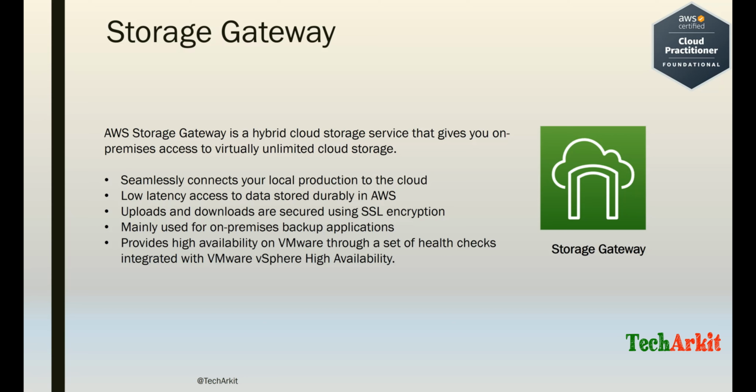If you want to back up the data from on-premises to the cloud, this is mainly useful because you don't need to maintain your own backup targets. You just have to spin up one Storage Gateway VM, then point the storage to the cloud, and it will send the data to the cloud.